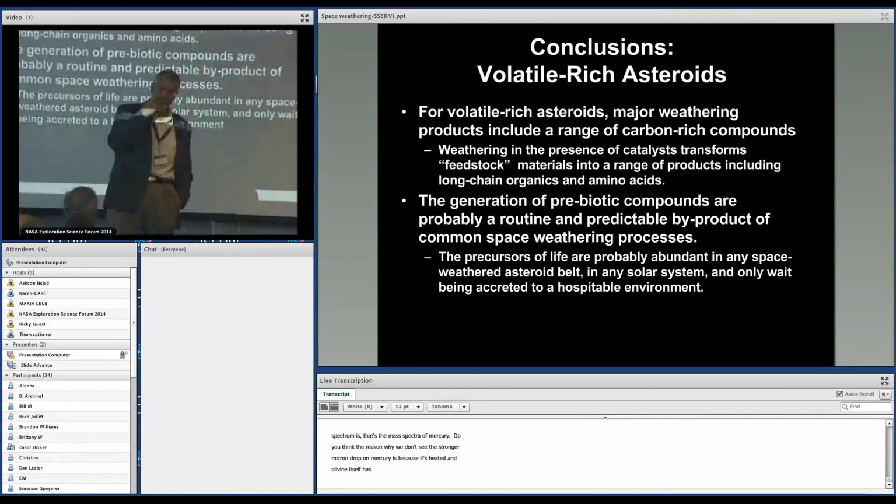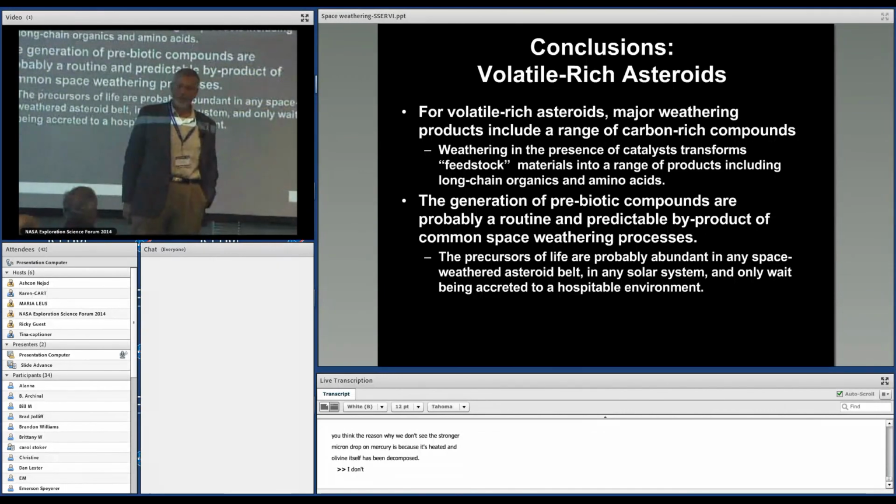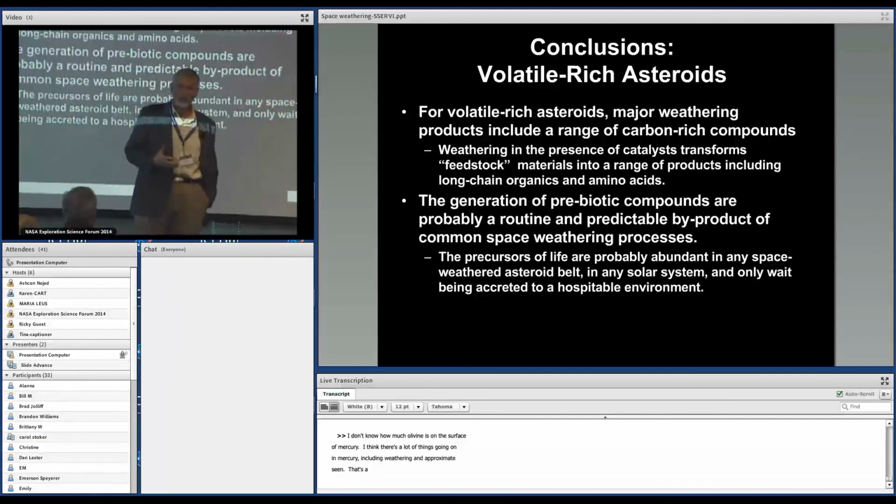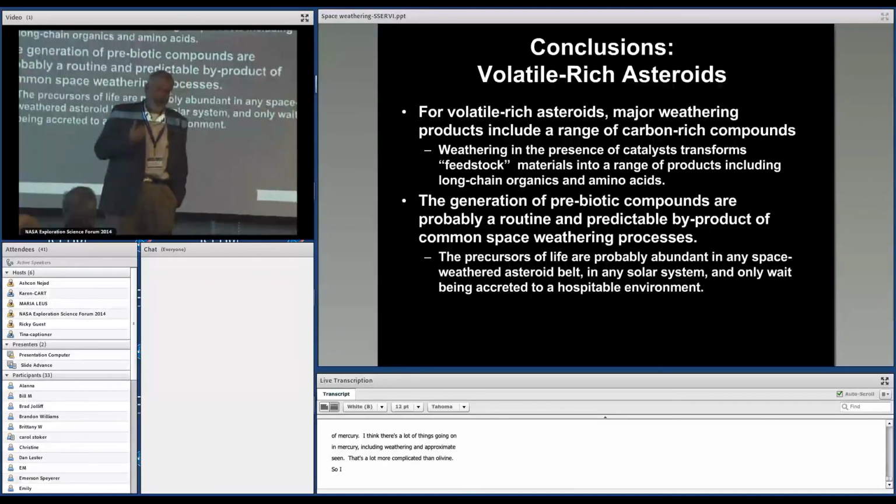Well, I don't know how much olivine is originally on the surface of Mercury. So I think that there's a lot of things going on at Mercury, including weathering in pyroxenes. And the weathering in pyroxenes is a lot more complicated than olivines. So I just showed you the simplest case, the one that I understand.